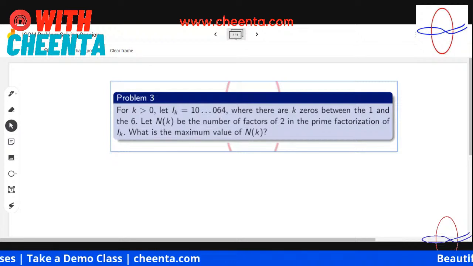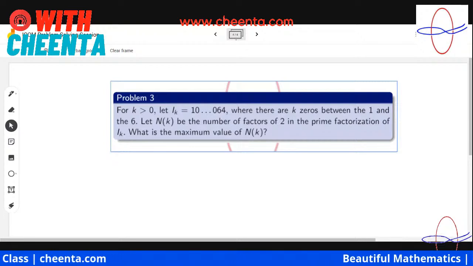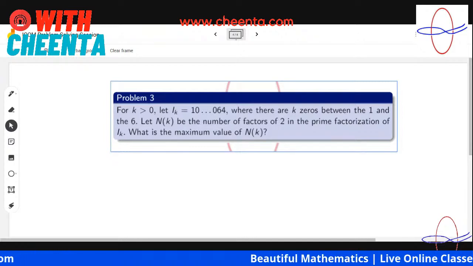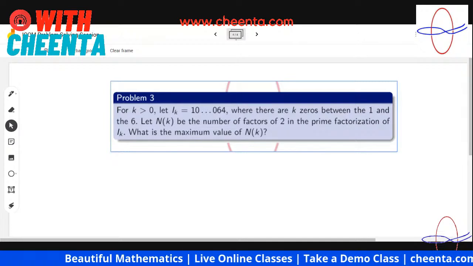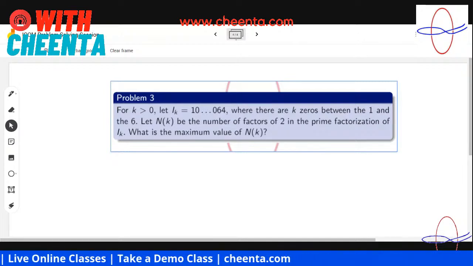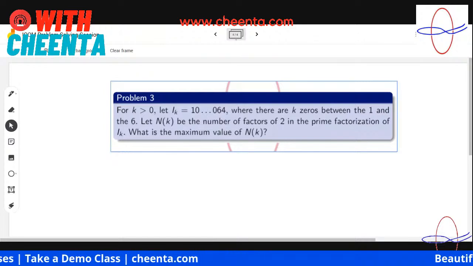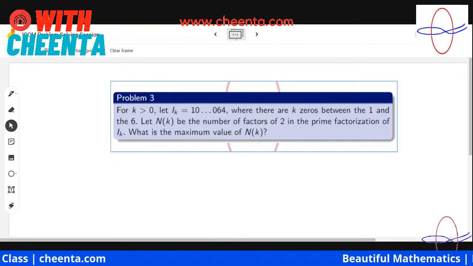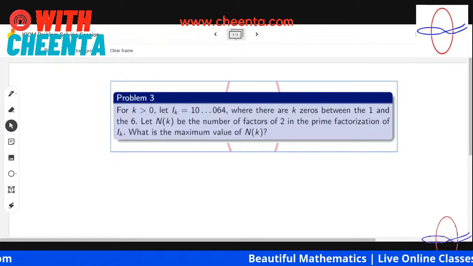So what do we mean by factors of 2? Can someone tell me? Yes, so that's the first idea, guys.